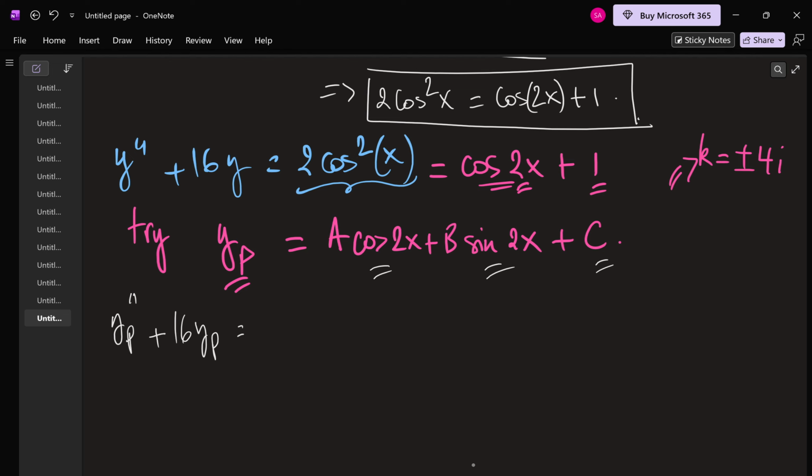So here the first derivative. This is yp, so we compute, let me delete this.